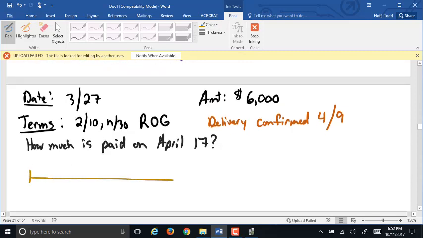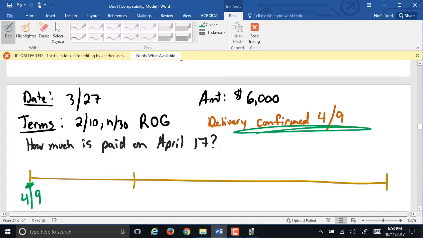So on our timeline, what date goes at the beginning here? 4/9, the delivery confirmed date. That's what the ROG means. ROG means instead of using the actual date on the invoice, we're going to use the delivery confirmed date.